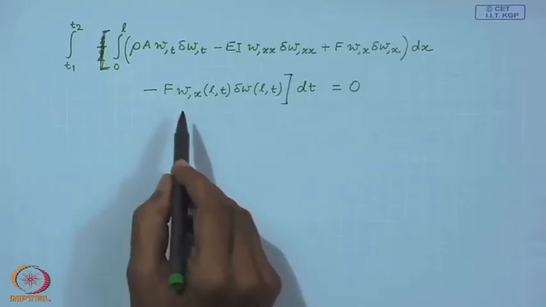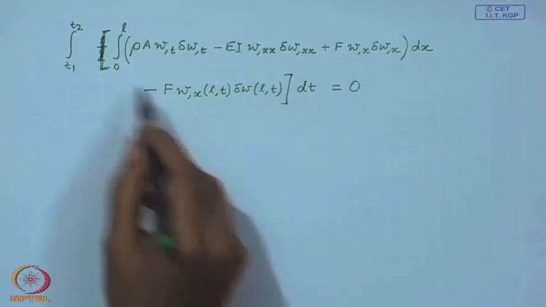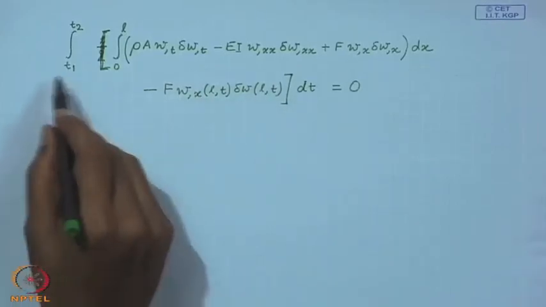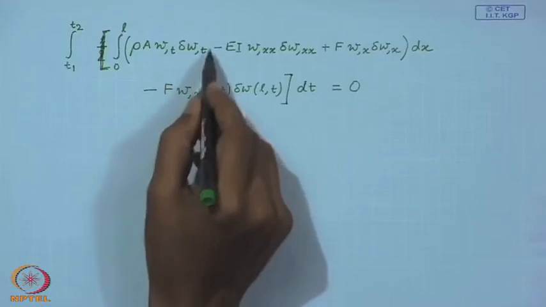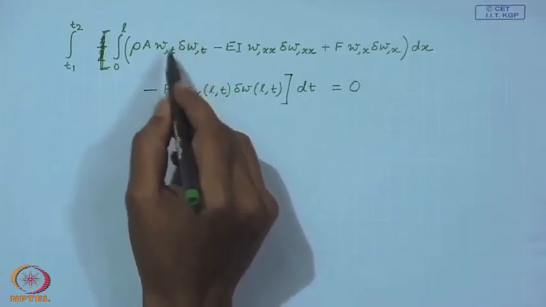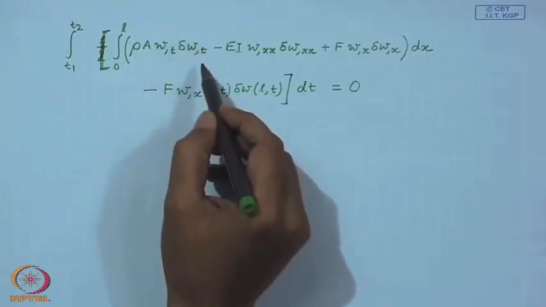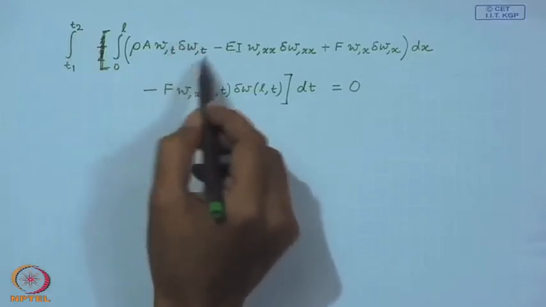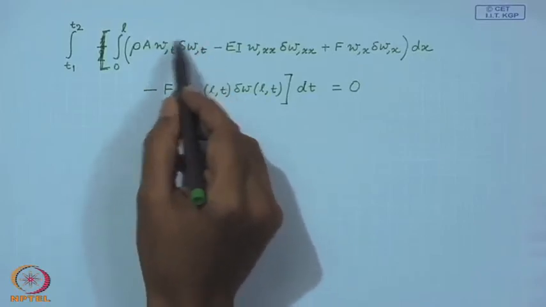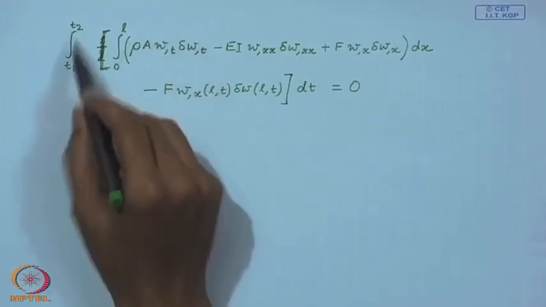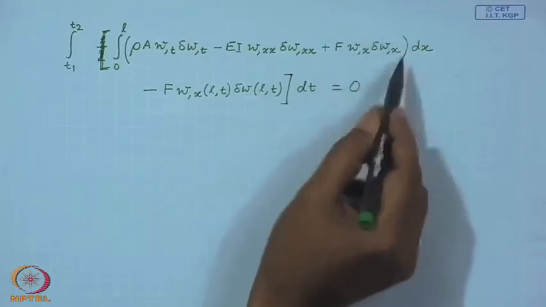We note that this virtual work already gives a boundary term in this equation. Now, we integrate by parts this term with respect to time, and if you use the arguments of variational calculus, at T1 and T2 the variation must vanish. So, I am not going to write the boundary term generated from this term at T1 and T2. Then this has to be integrated by parts with respect to space, and similarly this.